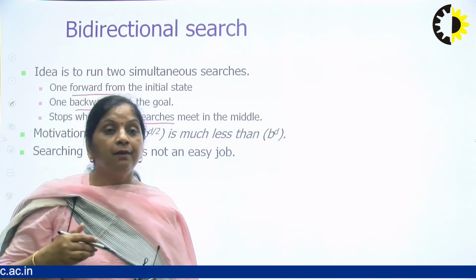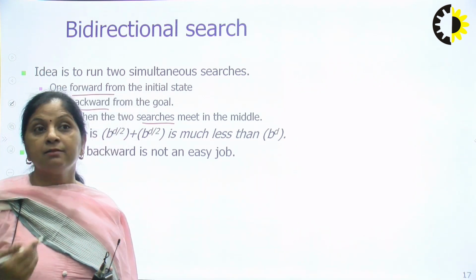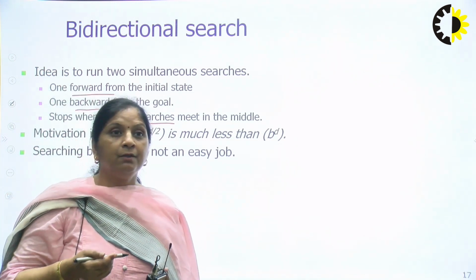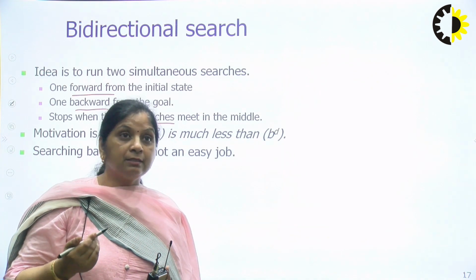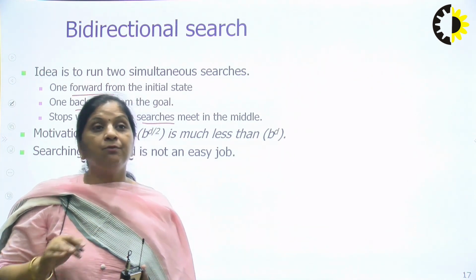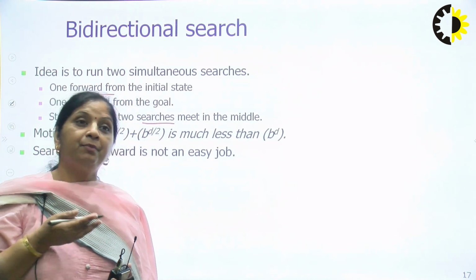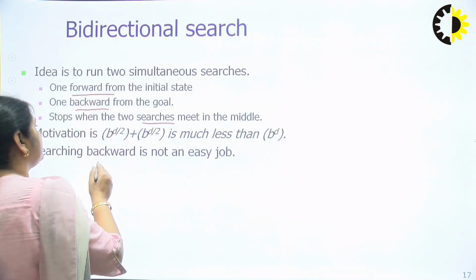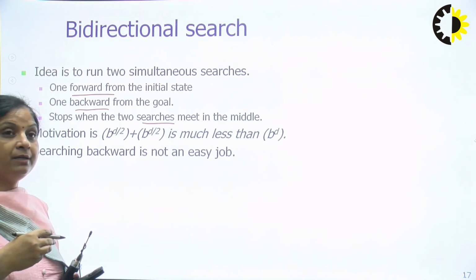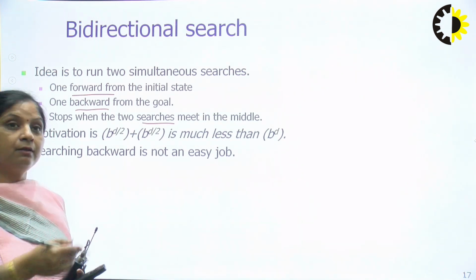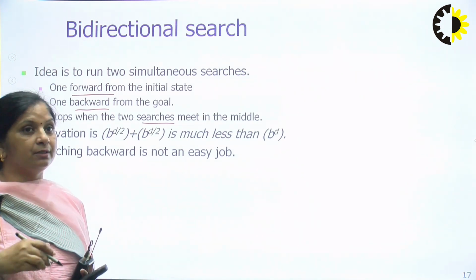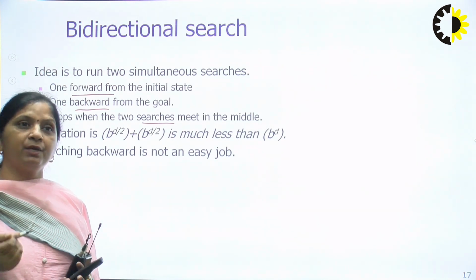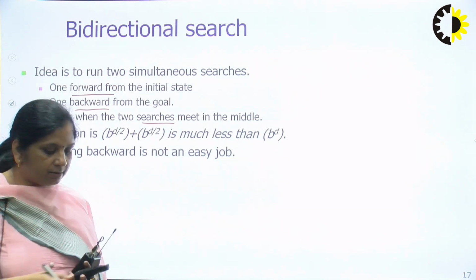The challenge here is we know what the successors of a node are. We can run bidirectional search only in one case, when we are able to calculate the predecessor also. Okay, so if we are able to generate the predecessor, then only we can run the backward search. Otherwise, we need to go for BFS or DFS techniques.